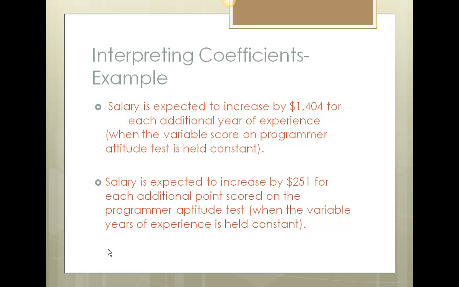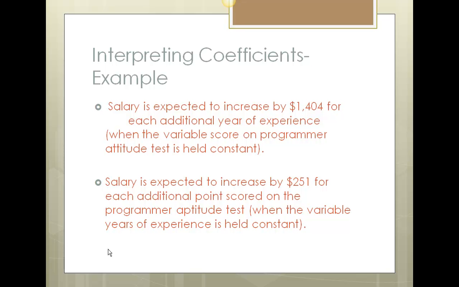In other words, when the variable score on the programmer's aptitude test is held constant. So your beta interpretation: a 1 unit increase in that particular x will increase y by that beta, holding all other variables constant. Now, instead of typing that out, you could write comma CP, which means ceteris paribus, which just means holding everything else constant.